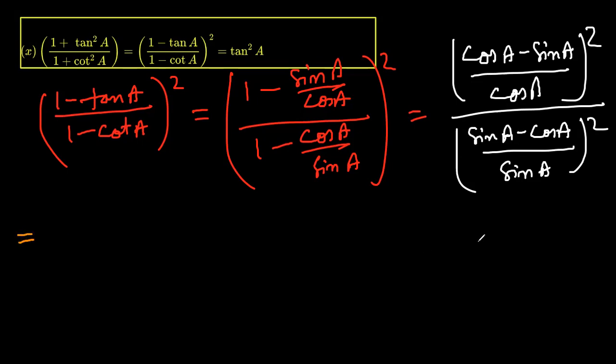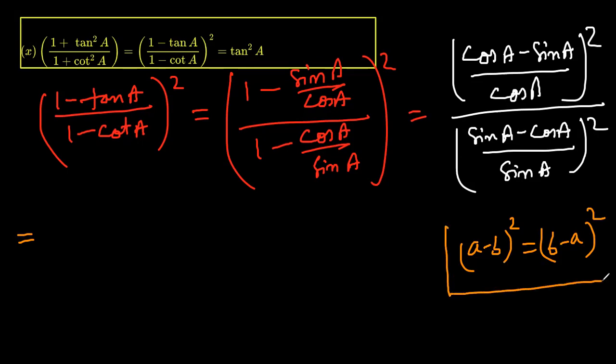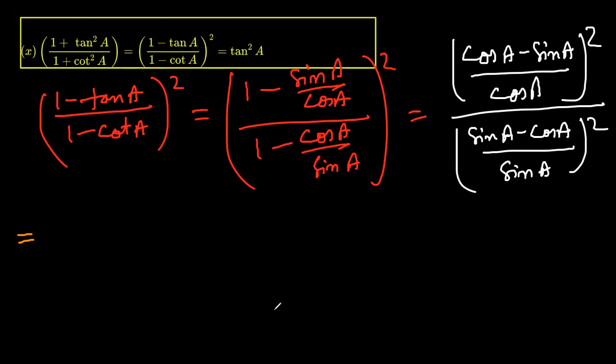Look, one thing, a minus b whole square is same as b minus a whole square. Do you know this? Yes, when you expand these both expressions, you'll get same identity, a square minus 2ab plus b square. So whether you square a minus b or you square b minus a, you get the same expression. So can we say a minus b whole square is same as b minus a whole square?